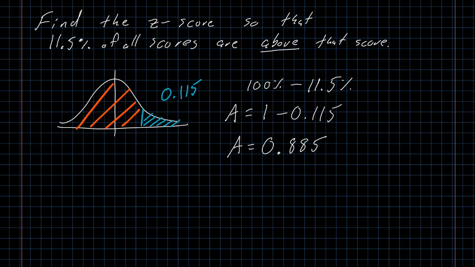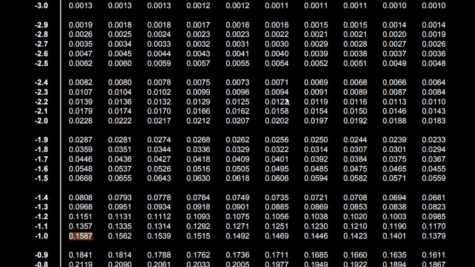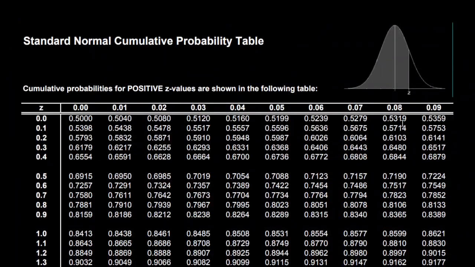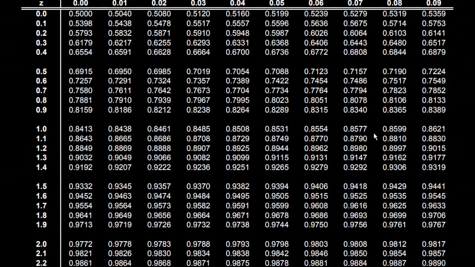If I jump back to my standard normal distribution table once again, I'm going to scroll around looking for 0.885. Remember though, this time I have the area. So I'm not looking at the z-scores. I'm looking inside for 0.885 or as close to it as I can get. 0.8849 is really close.